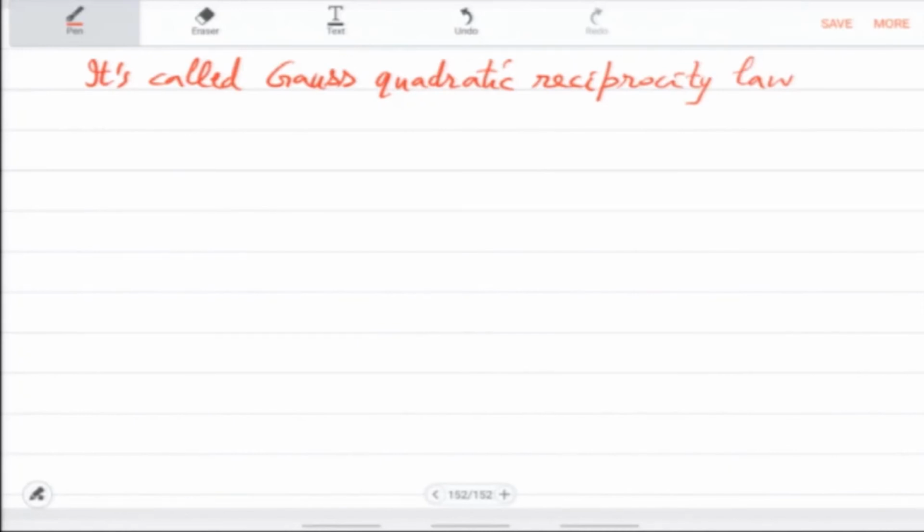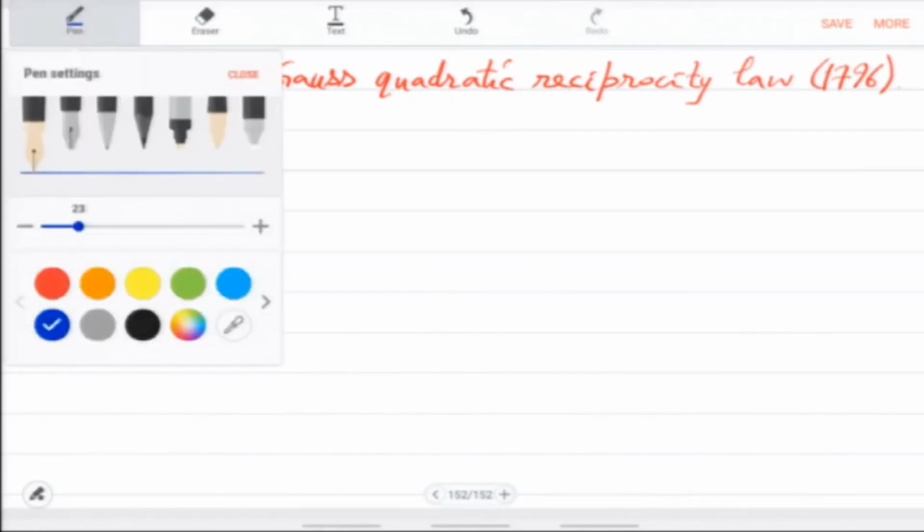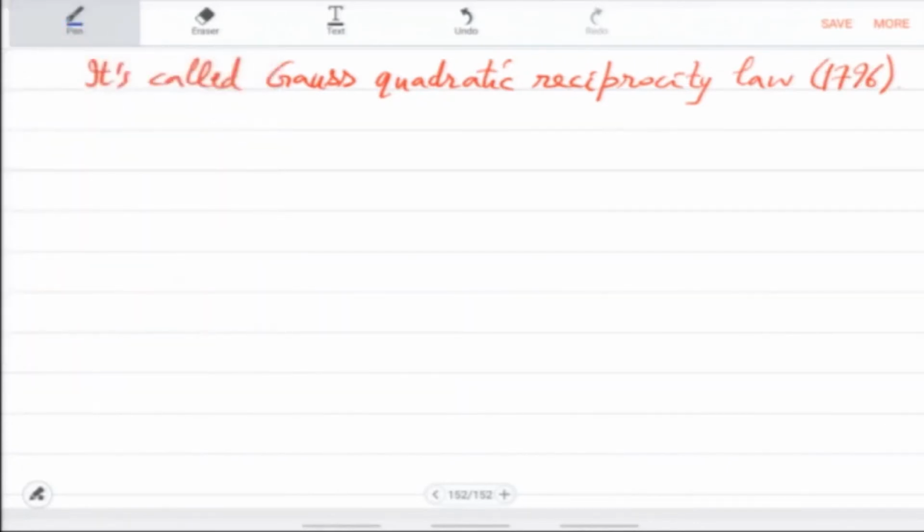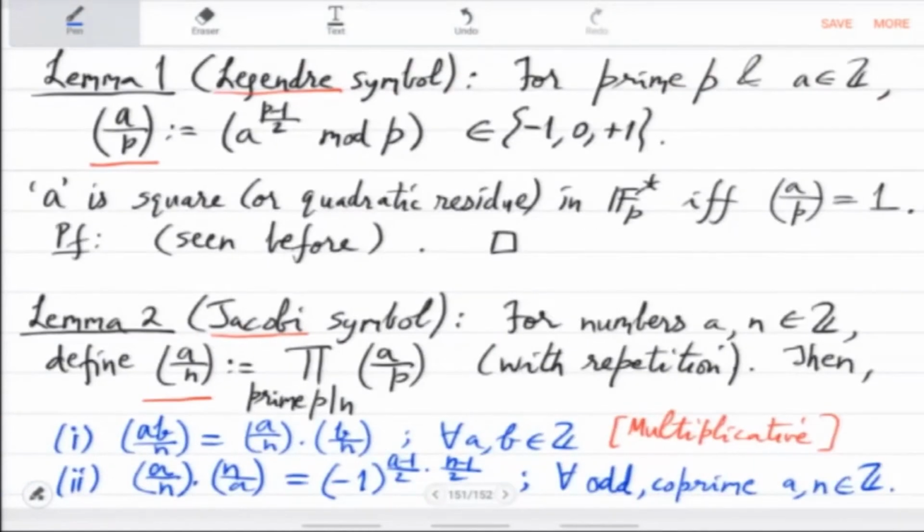Gauss proved it in 1796. So these are the two major properties of the Jacobi symbol: it is multiplicative and it satisfies the reciprocity law.